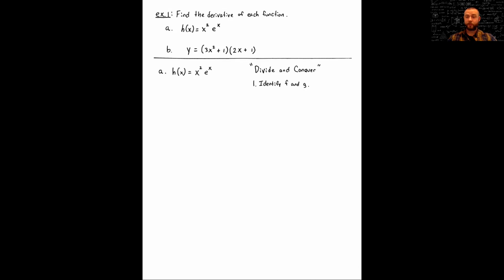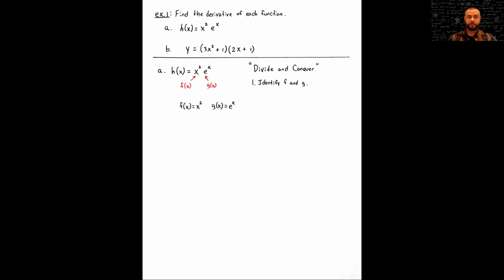From the product rule, they're just the two factors. So we can say f of x is x squared, and then g of x is e to the x. Okay, pretty simple. Again, divide and conquer basically just breaks one problem down into several simpler problems. So this is pretty simple. f and g are just the two factors.